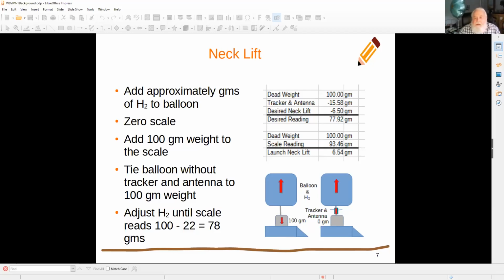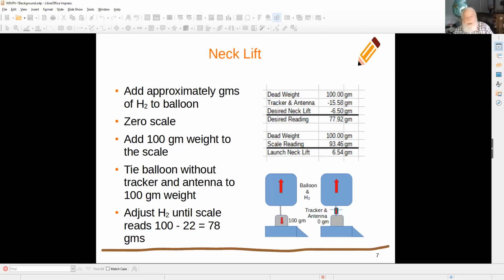Okay, so the next thing that we did, and you can see the little picture here, is we had the balloon, and then we fastened the tracker with its antenna onto the weight. But this time, before we tied it on, Mel put the 100-gram weight on the scale and zeroed it out.